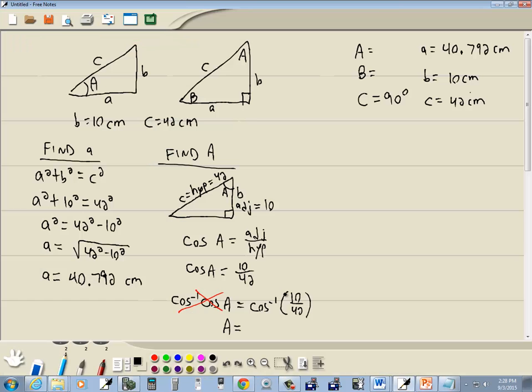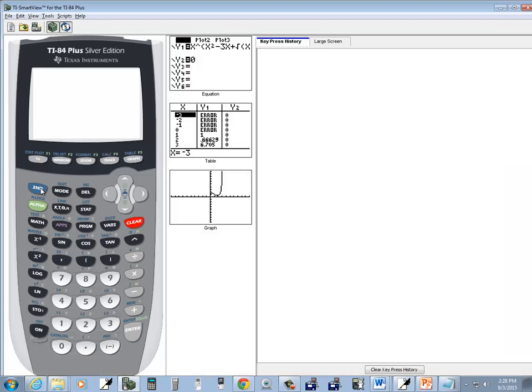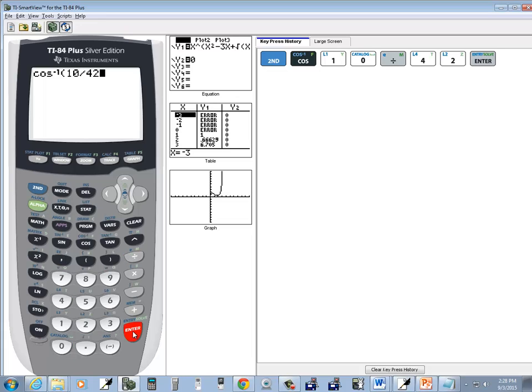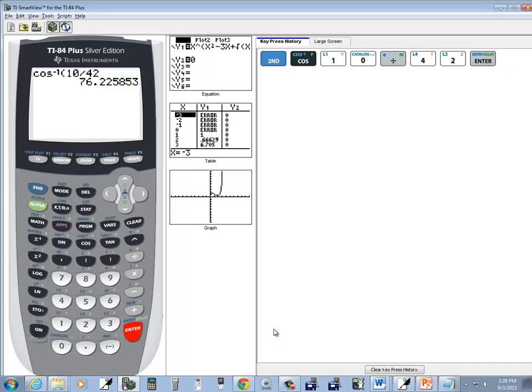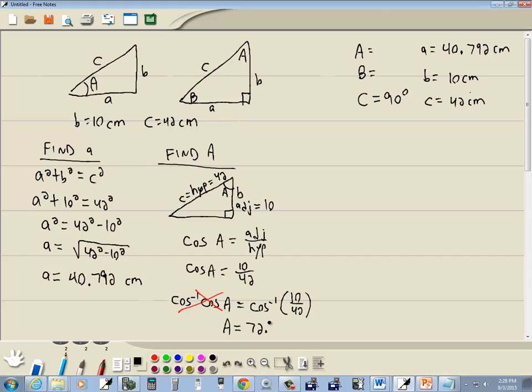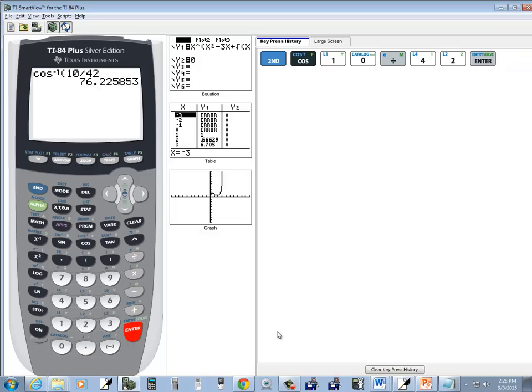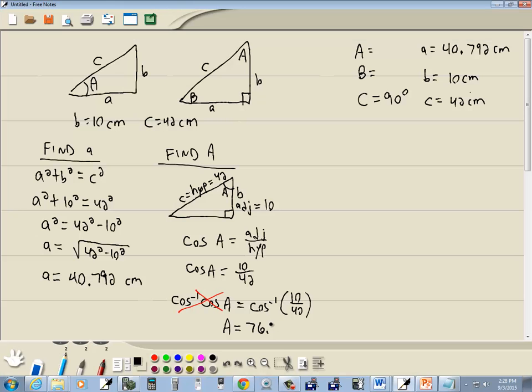And on this one, I'm going to do an inverse cosine. So I'll do my second, then cosine, 10 divided by 42. And then press enter. And I'll take it to 3 decimal places again, I guess.